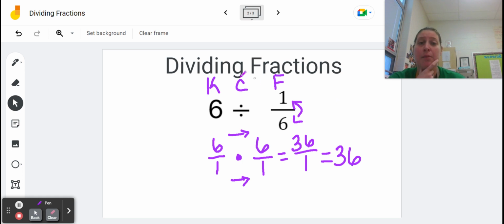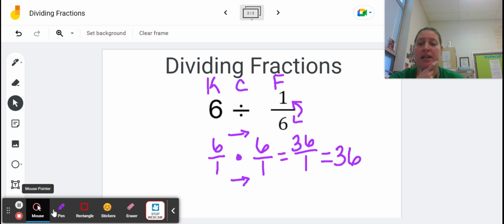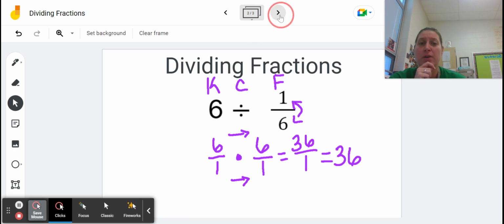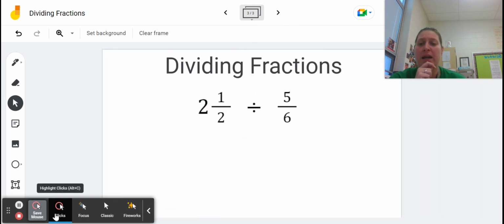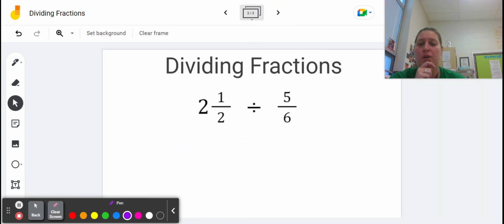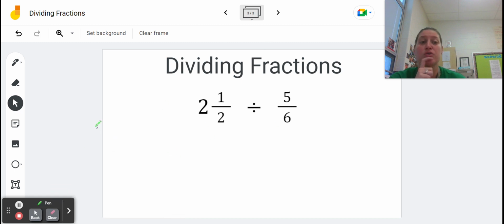So now I'm going to look at one more example before you guys break away and start having some practice time. You are going to be looking at what happens when I have a whole number with a fraction. Those are called mixed numbers. We cannot do division or multiplication of fractions with mixed numbers.